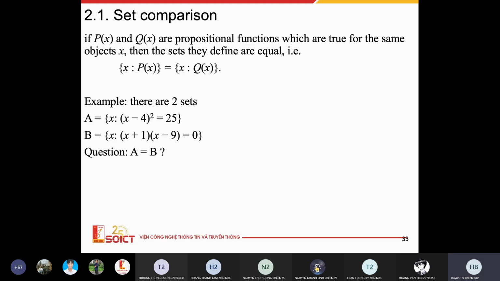A equals B, is it correct? Yes, they are equal. Why? Because the roots of the two sets are equal. What is your name? My name is Trình. Nguyễn Văn Trình. Okay, thank you. Does anyone have another answer, or do you all agree with Trình?